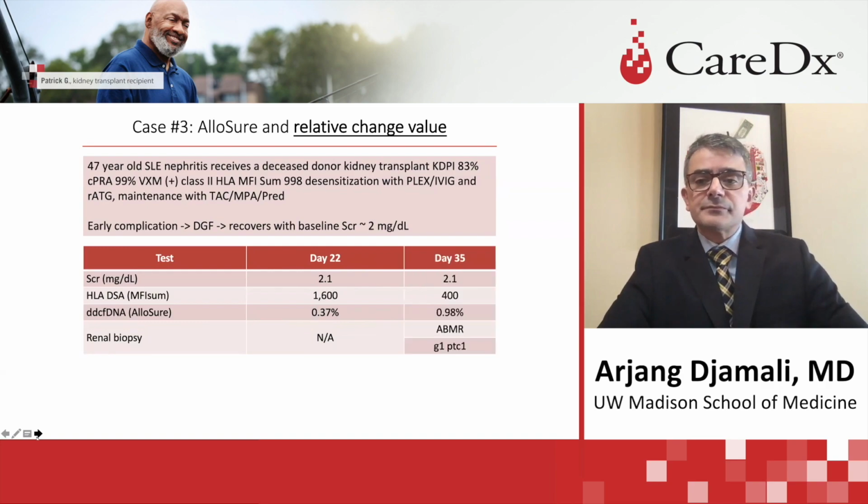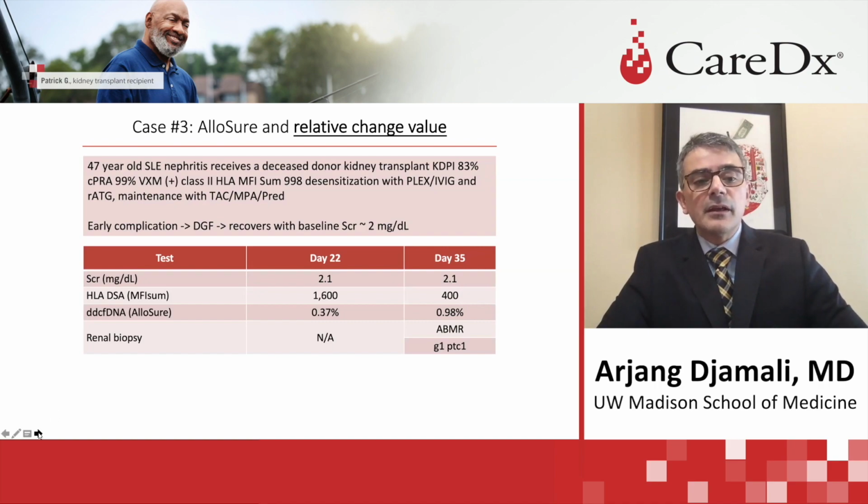But 35 days after transplant, we noted a rise in AlloSure level by more than 60%. The DSA was still present, although maybe at a slightly lower level, and creatinine was normal at baseline. Biopsy here showed subclinical rejection of G1 and PTC1.